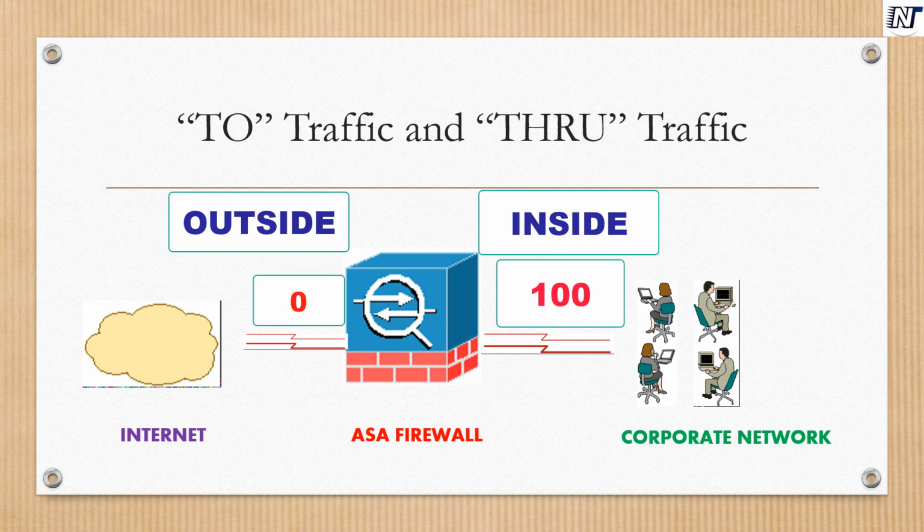Let's say you have done all the routing and the connection has been established. But now what traffic will be allowed to go through the firewall by default? By default, all the traffic going from high security level to low security level is allowed. So people from your corporate network have the ability to go out to the internet. The firewall does stateful inspection and inspects all TCP and UDP traffic. This is also called implicit inspection.